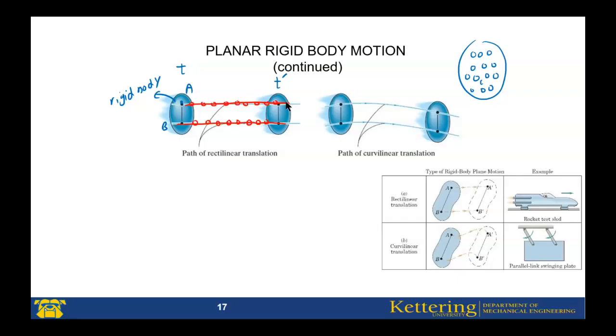I can see that the path of A and the path of B are on straight paths. Okay? You learned about this type of motion. It is called rectilinear. Also, because the paths of these two particles are parallel to each other, this is a type of translation.